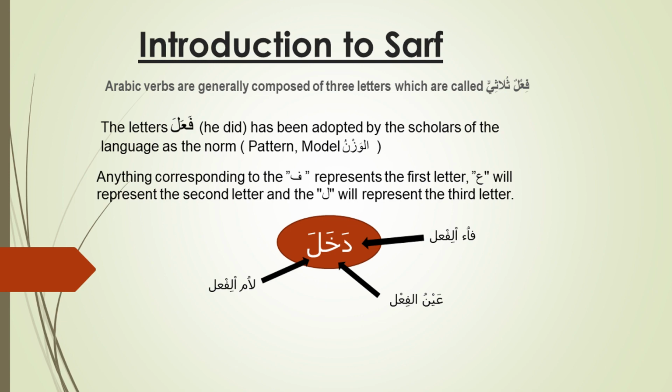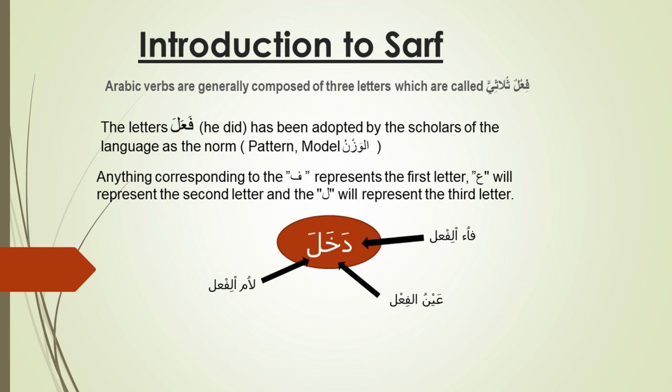Okay? So any letter that corresponds to the fa represents the first letter. The ayn will represent the second letter, and the lam will represent the third letter. If I look at the example here, we have the dal, kha, and lam.